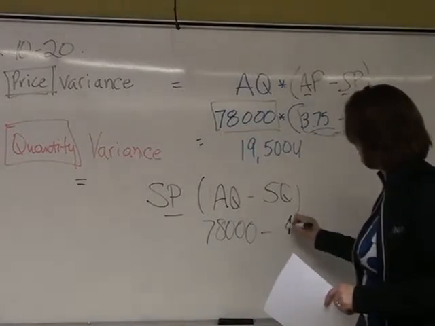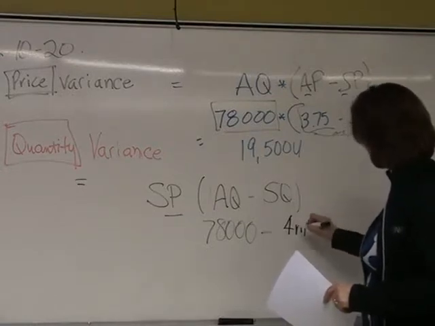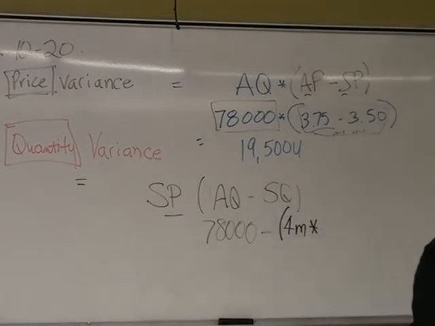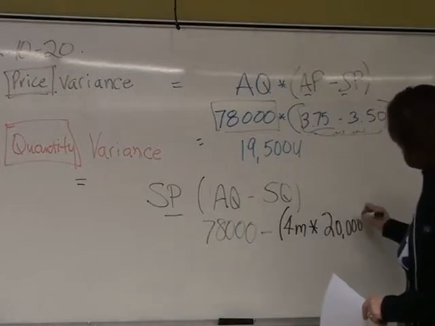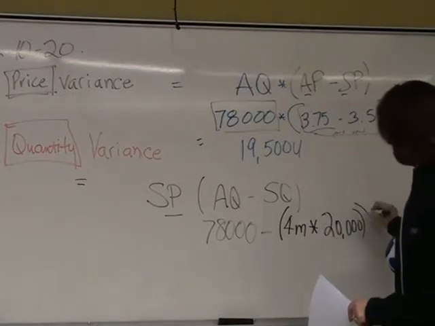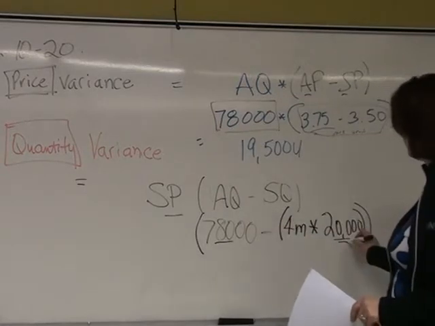4 meters. 4 meters times how many units? 20,000 units, right. Because this is the actual quantity that we would need to make this many units.